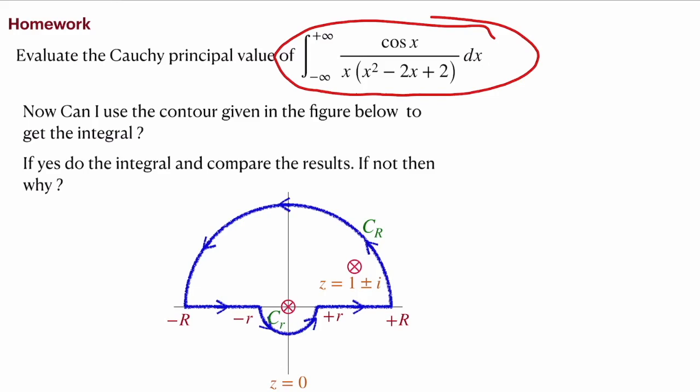You have to sum both of these singularities, but somehow only half the value is incorporated in this case because of how we are including it. I want you to work this out and see if the result is the same or different. If it is the same, then you can compare whether this is also a viable method for evaluating the integral. If it is different, then you have to tell why it is different and why this cannot be used to evaluate the integral.